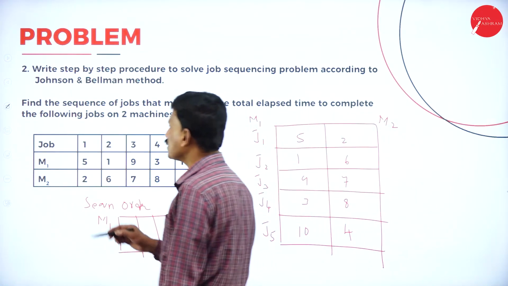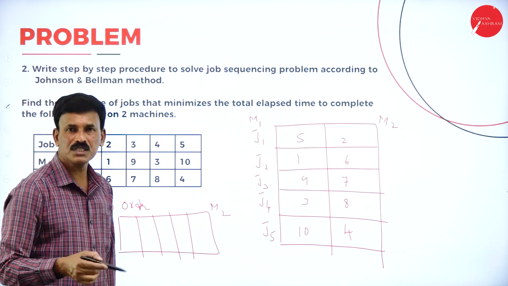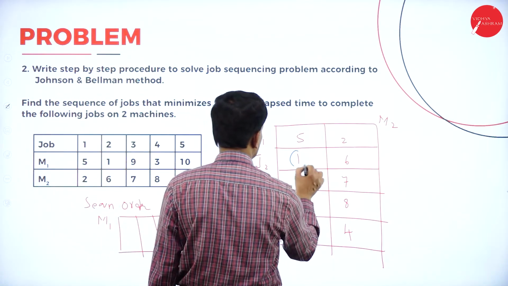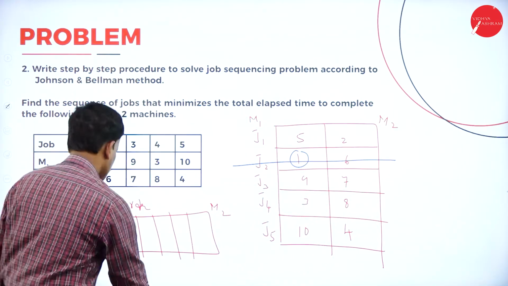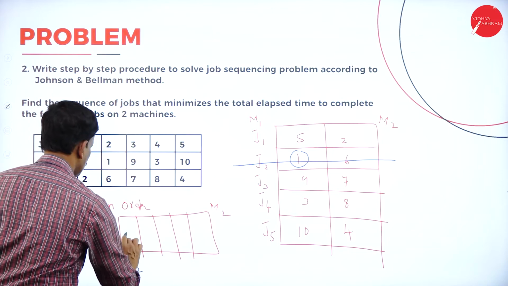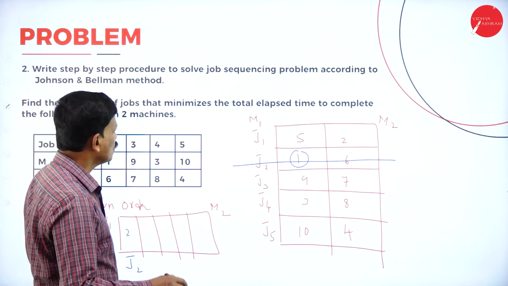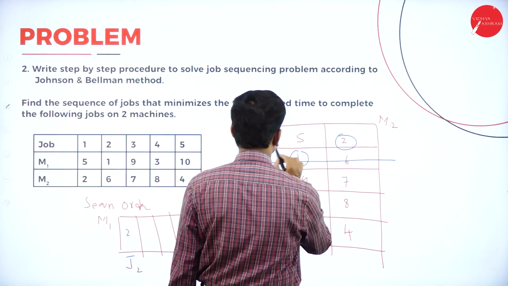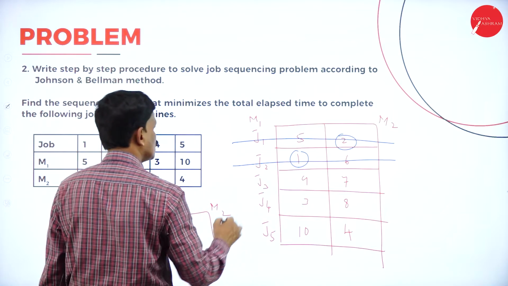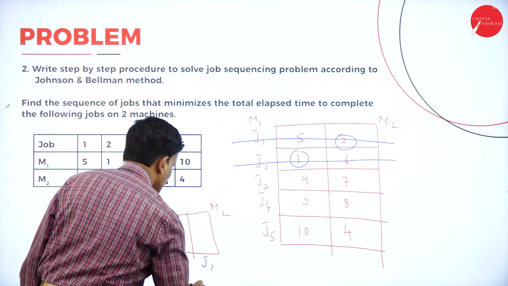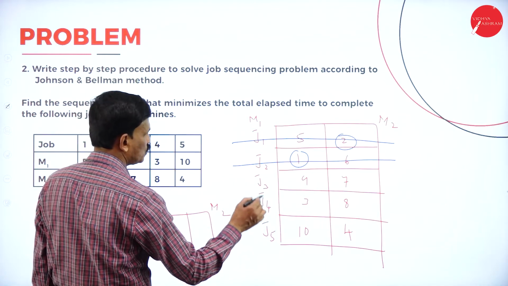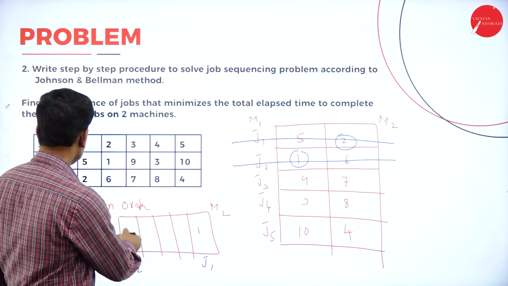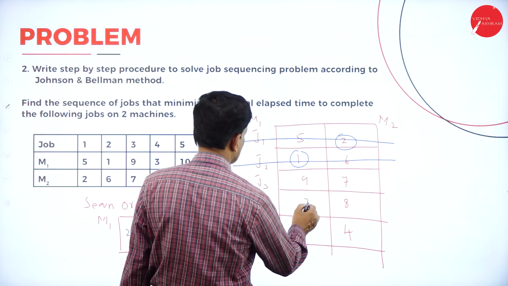Now find out the sequencing order. So to find the sequencing order, as you know, just select the least time. What is the least time we have here? 1 is the least time, that corresponds to J2 job. So therefore this is J2, that is on machine 1. Now similarly, find out the least value. Again, what is the least time here? It is 2. This is for machine 2, which comes for J1. That is on the right side. Now next least time, yes, this 3.